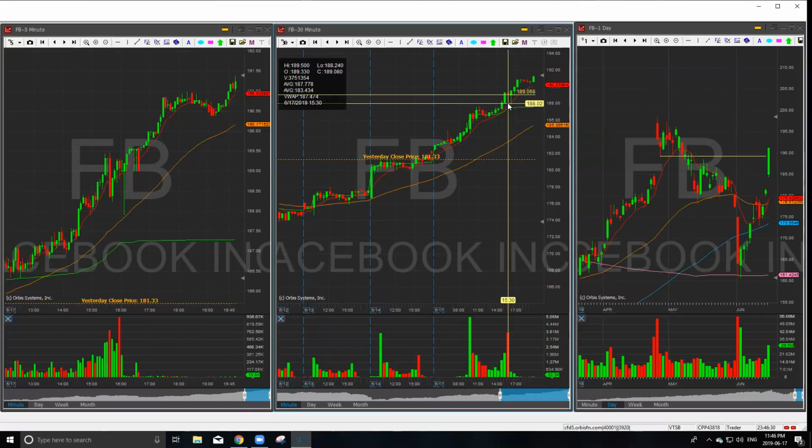Looking at the 330 candle where we had massive volume coming down and then a reclaim, and then after hours buy, 188 to 188.25 is a better support area. So anywhere from 188 to 189.